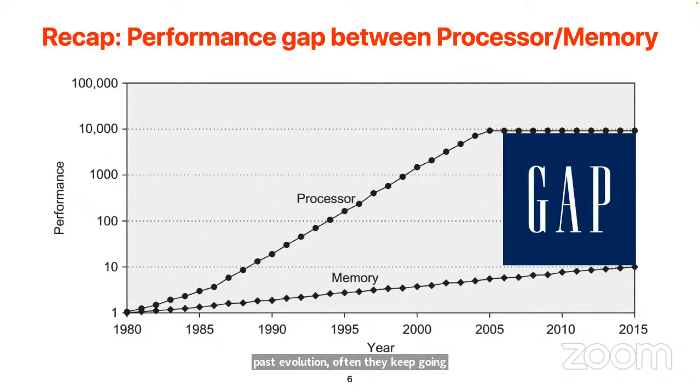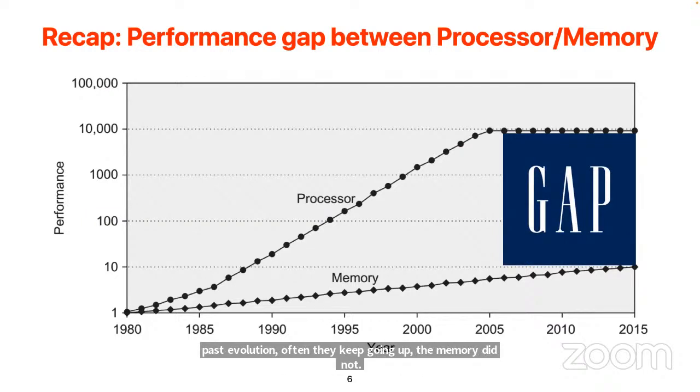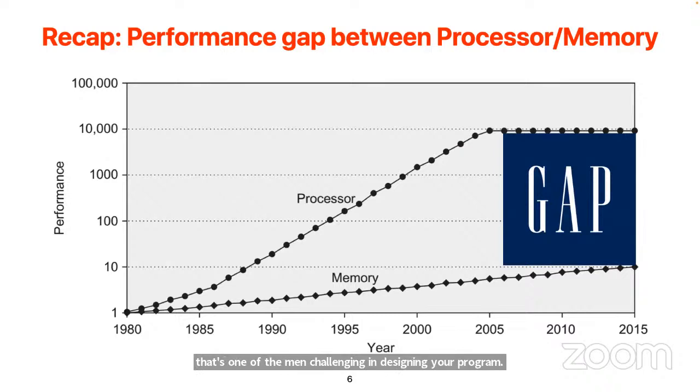So that's one of the main challenges in designing your program. And that's why algorithm complexity kind of fails, because you can imagine as long as there is something involved in the memory, then it takes thousands of times the latency compared against your processor. So algorithm complexity works out only if every operation takes the same amount of time.